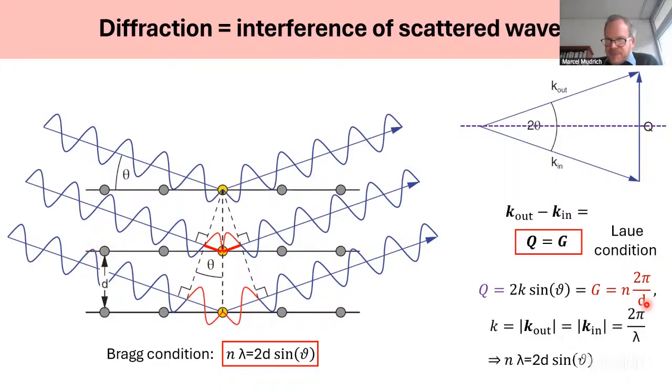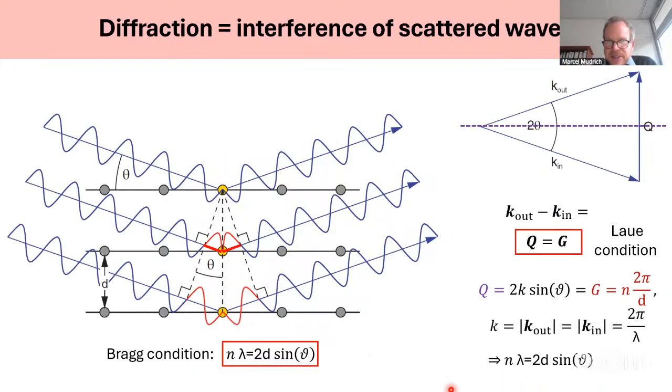And knowing that the absolute value of k in equals the absolute value of k out, and remembering that the wave number, which is the absolute value of the wave vector, is 2 pi over lambda, then we arrive at exactly the same expression.